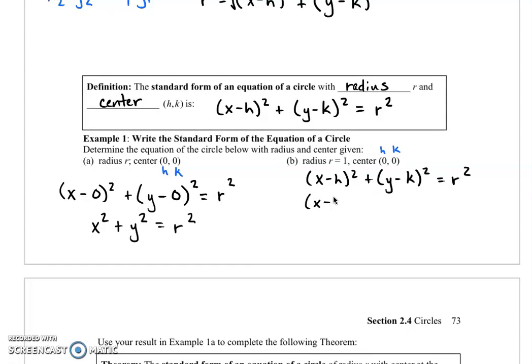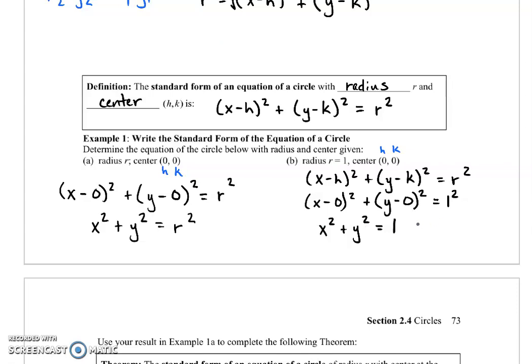We have (x minus 0) squared plus (y minus 0) squared, because h and k are both 0, and r is 1, so 1 squared. Now we clean that up: x squared plus y squared equals 1 squared, which is 1.